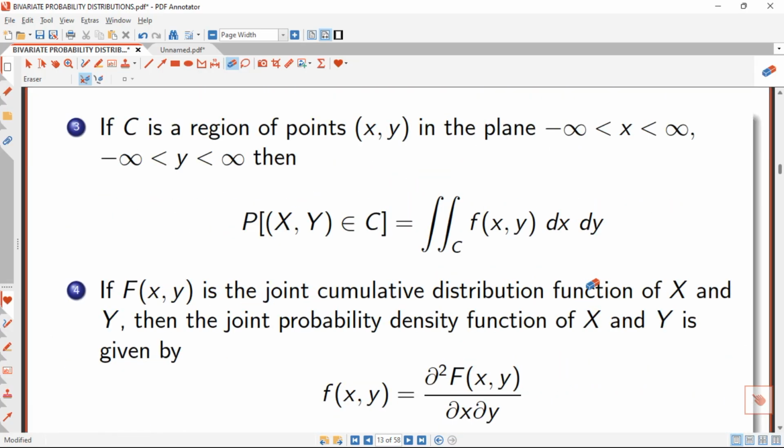The third fact that we have to note is that if C is a relation of points x and y in a plane where the limit of x and y is given to us, and you are asked to calculate the probability of (x, y) being a member of the critical region, then we are just going to integrate on the region.